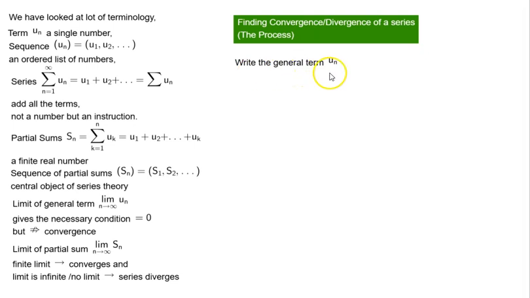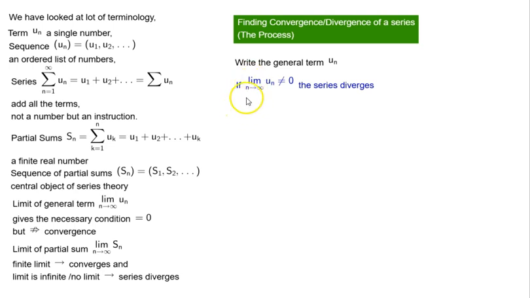First step is to write the general term, u sub n. Now, it might happen that it is given, then this step is not that important. But many times the series is given in the expanded form. In that case, we have to figure out the nth term.